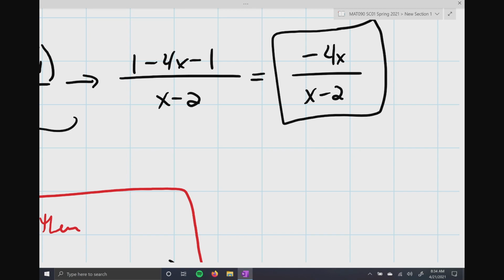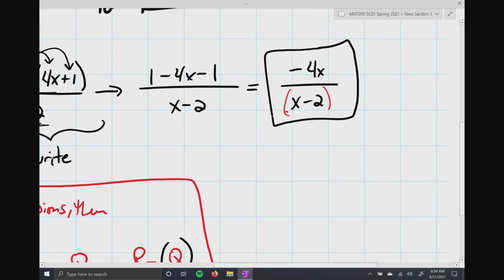In order for you to reduce that x, you would have to have x minus 2 in the numerator, and you don't have that. A lot of the times, people will actually just put this in parentheses. And remember, those parentheses act like a bear hug. They hold everything together. I like the way you said that.